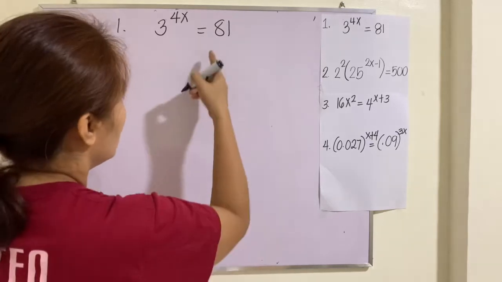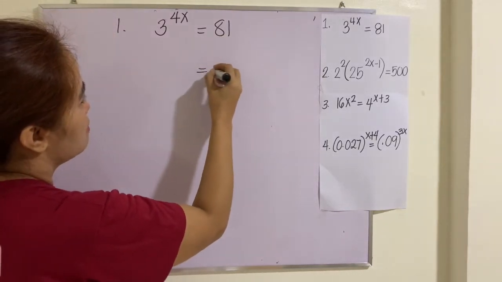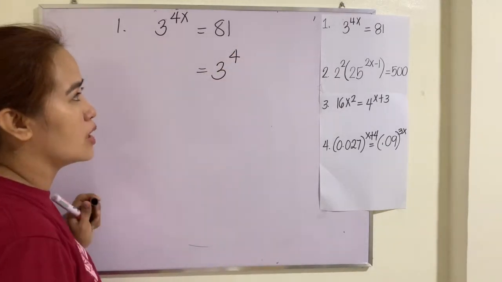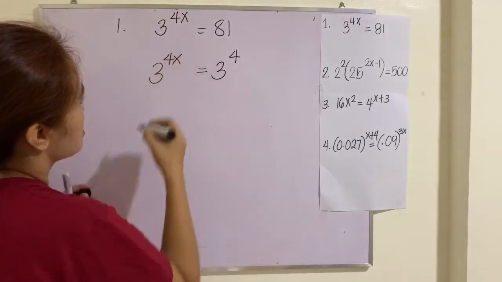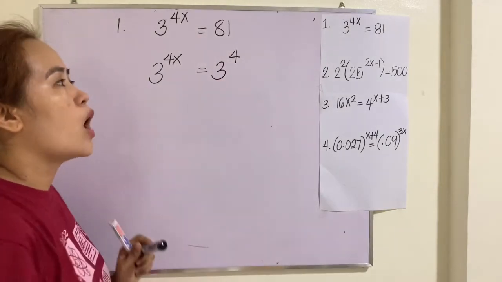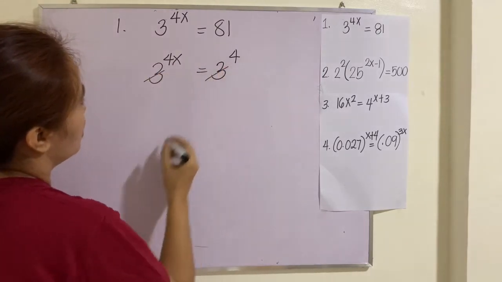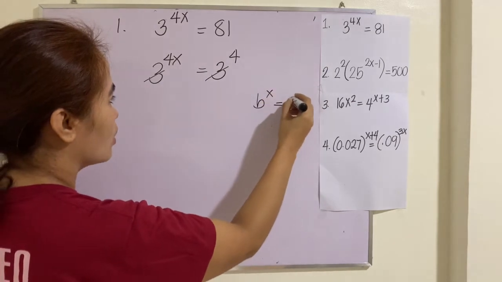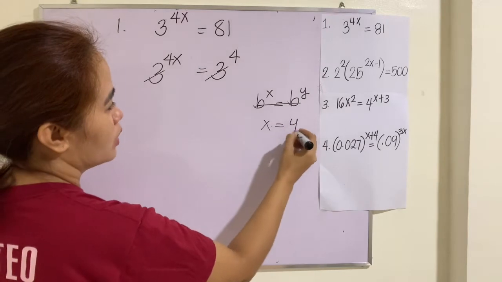Let's do it. In this case, you have to express this as base 3. How are we going to make it base 3? This one is 3 raised to 4x. We know that 3 times 3 times 3 times 3 is 81, which is 3 raised to 4. So we can now proceed to the one-to-one property, which is if we have b raised to x is equal to b raised to y, you cancel the bases and then you form the exponential equation.